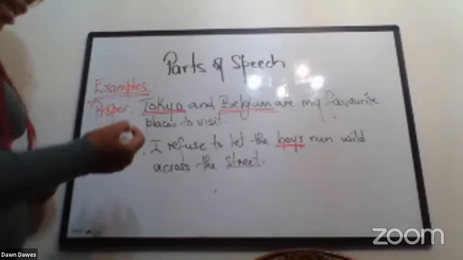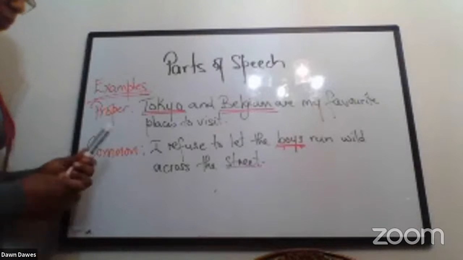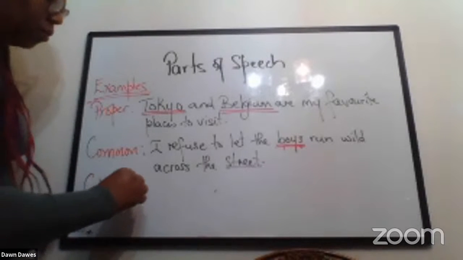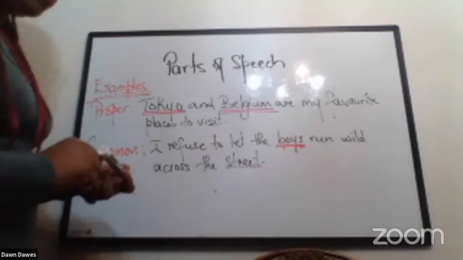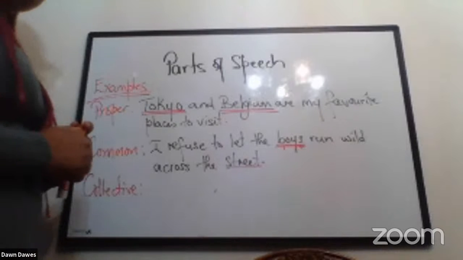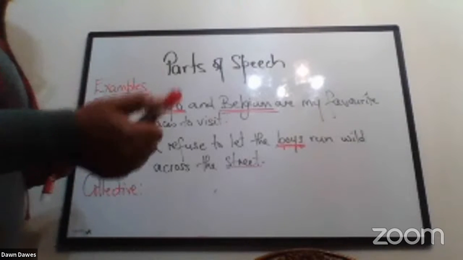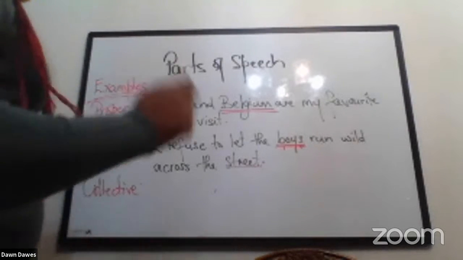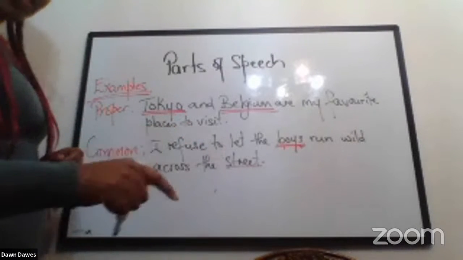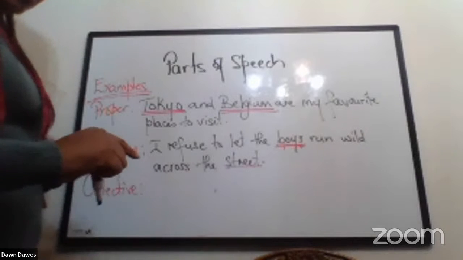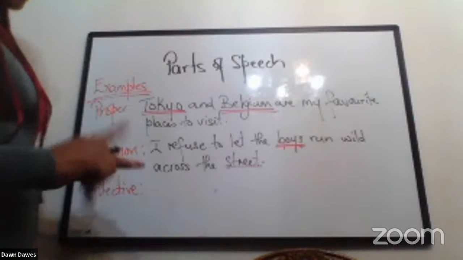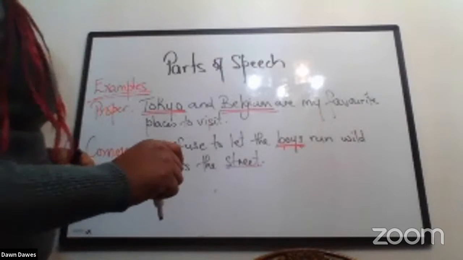Okay, so let's look at collective now. Let me see, did we look at types of sentences the other day? Yes, we looked at types of sentences. So just to recap a little, we looked at the simple sentence, we looked at the compound sentence, and if my memory serves, we may have looked at the complex sentence.